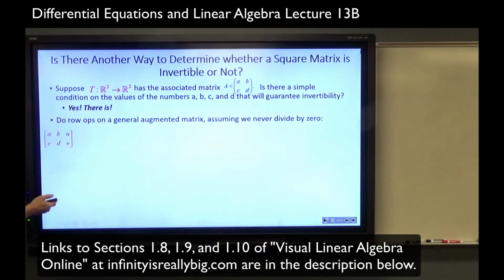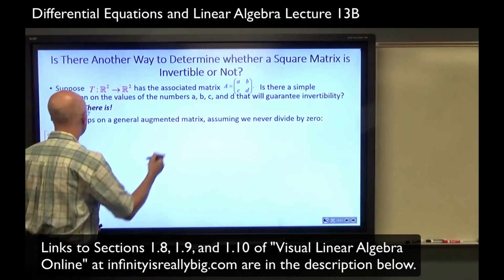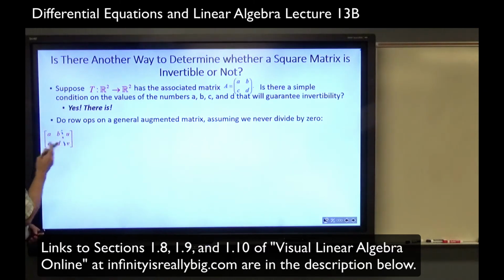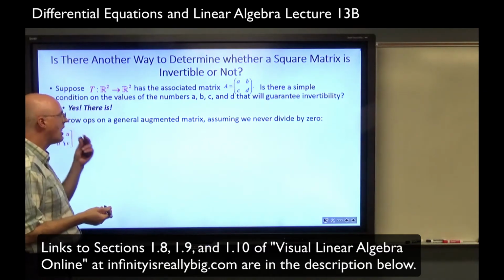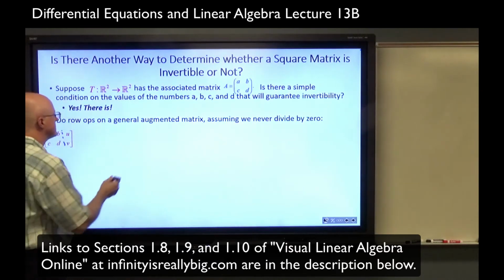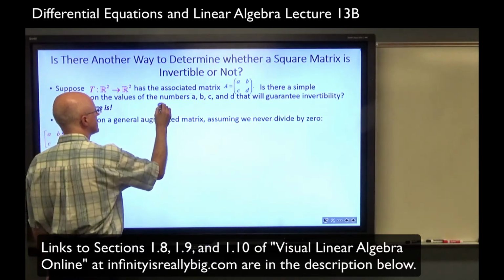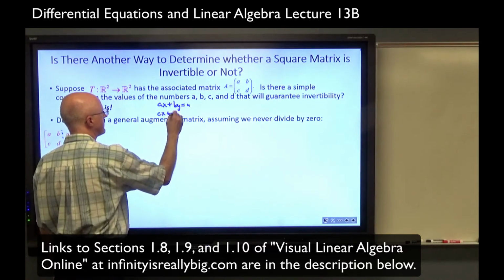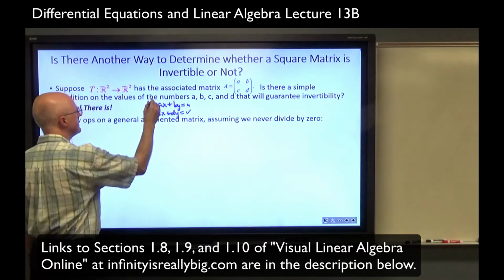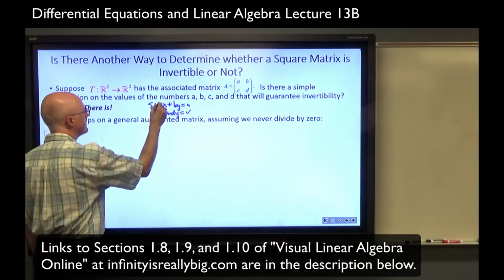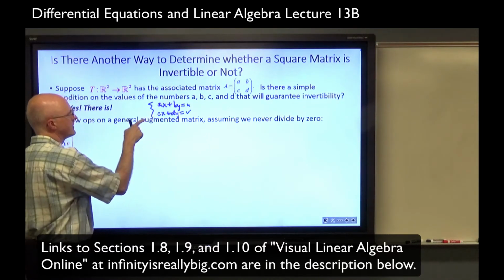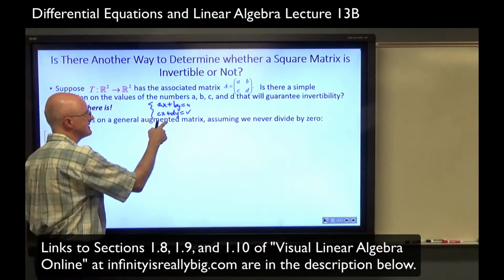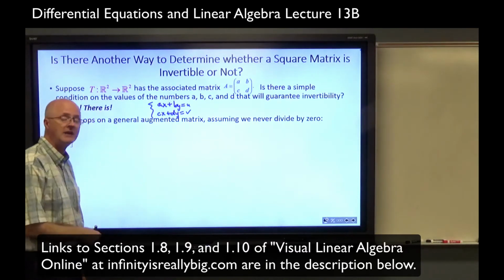What do I mean by a general augmented matrix? I mean this kind of thing. A, B, C, D, that's your coefficient matrix. That's your capital A. The last column I'm calling U and V. Essentially, I'm trying to solve an arbitrary system of equations here: AX plus BY equals U and CX plus DY equals V. I'm wondering, are the conditions on A, B, C, and D such that I can solve for X and Y in terms of U and V?